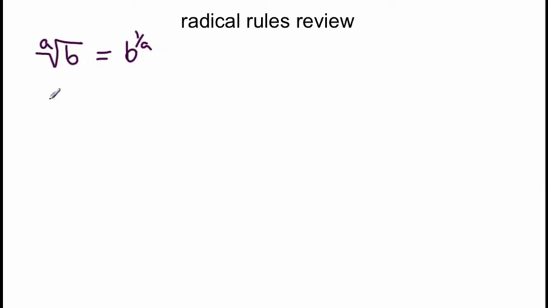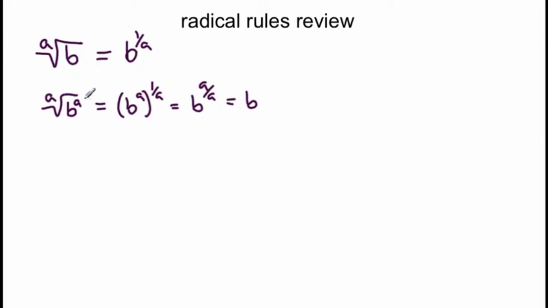Alright, so let's see. What if we had some funny little cases? What if a is the index, and underneath the radical symbol we have b to the a? Well, this would mean I have b to the a all raised to the 1 over a, and that's going to be b to the a over a, or just b.